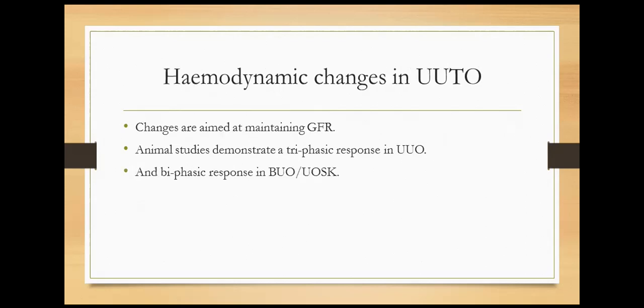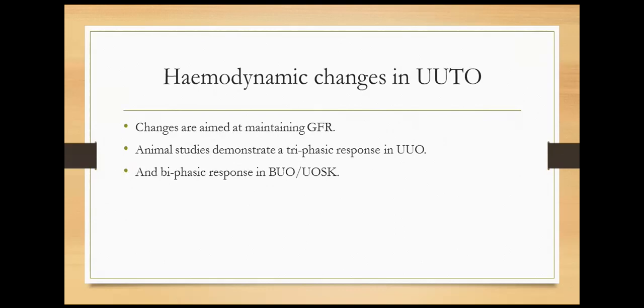So the hemodynamic changes are actually aimed at maintaining the glomerular filtration unchanged. Unfortunately, the kidney does get embarrassed, as the rodent studies have shown. They've also demonstrated to us that unilateral behaves differently in that you get a triphasic response, which I'll go into. And when bilateral, or when dealing with a solitary kidney, the response tends to be biphasic.